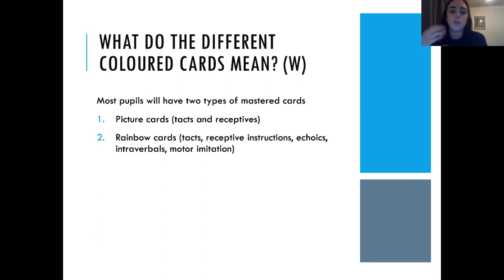They might have some intraverbal skills that they've mastered. What do you write with? And they say pen. And they also might have some motor imitation skills. So can you copy me? And then the pupil copies you. So these are the two types of mastered cards that the pupils will have: picture cards and rainbow cards.